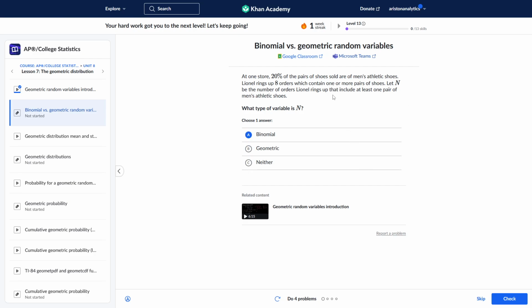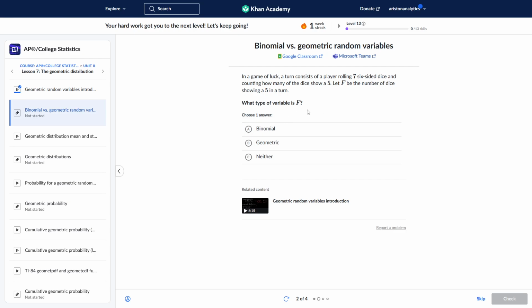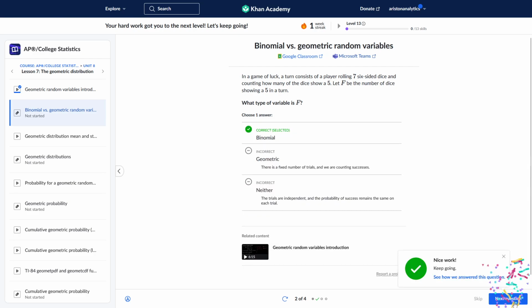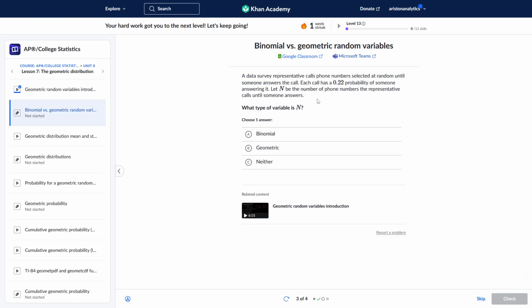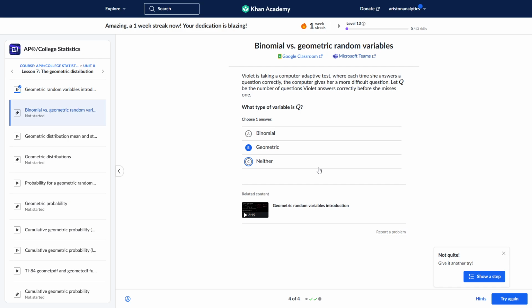And this could be neither because it doesn't say independence, but I knew it. Damn it. Damn. Okay. Number of questions before she misses one.